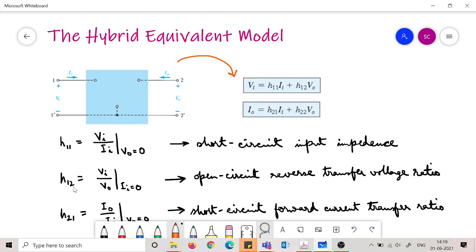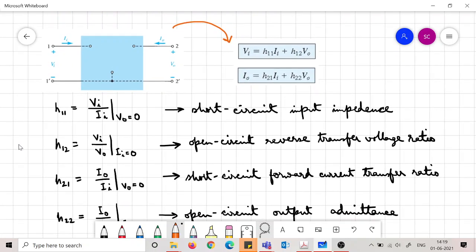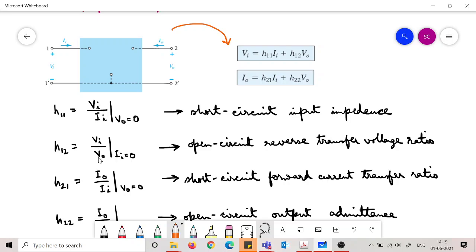Similarly, what would H12 mean? In H12, Ii would be 0. That means this input side must be open circuit. There should be no source connected here. Only then Ii can be 0. So when the source is not connected, we are trying to figure out what is Vi by V0.